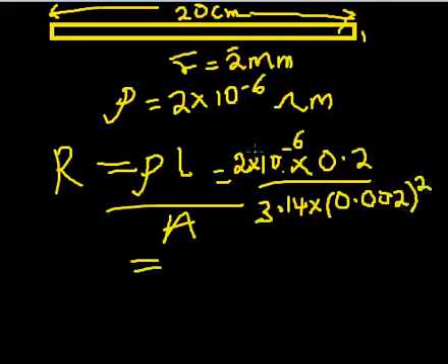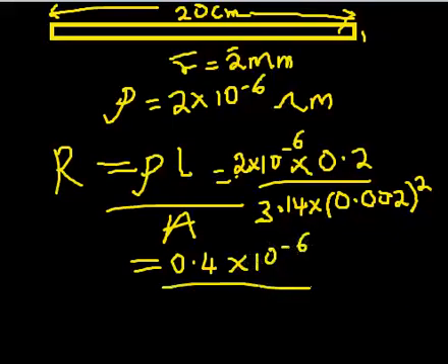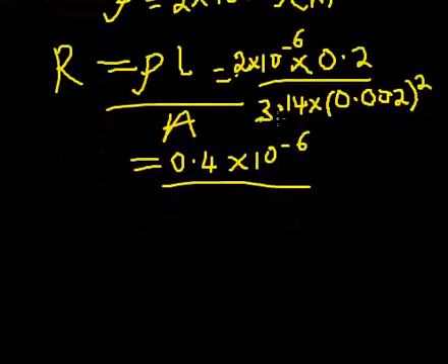Okay, so let's do this. This 2 times this gives me 0.4, then times 10 raised to the power minus 6. So I'm going to use the calculator to do this.